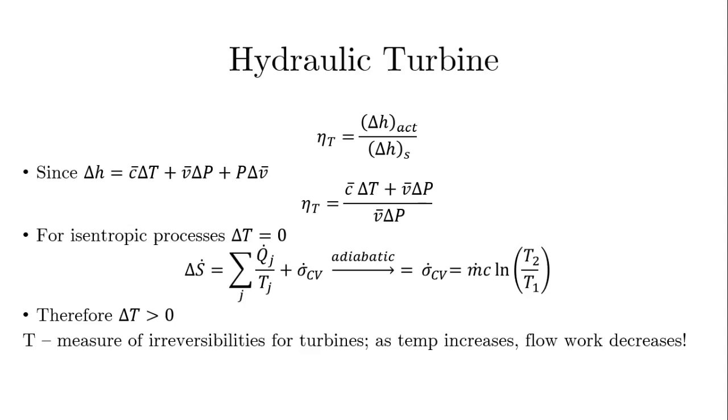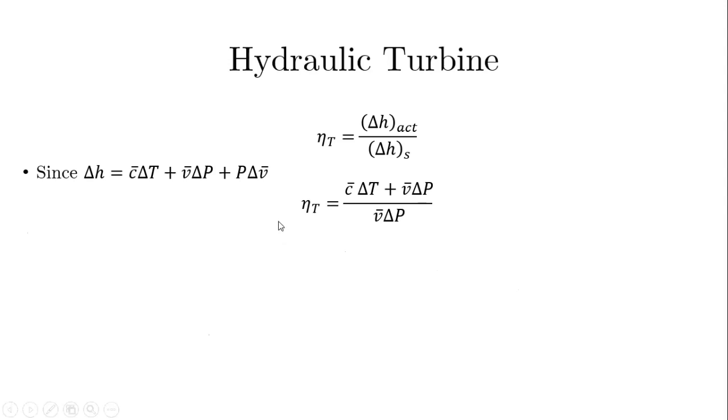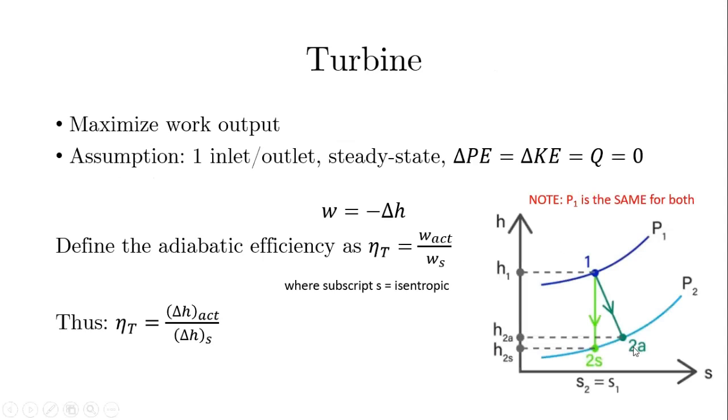And so maybe you've got to clean it up, or maybe you've got to replace some parts, etc. But T is a really good measure to understand your performance against an idealized performance, which you can evaluate directly here. Again, over here, you can also see we're trying to minimize delta P. That's the idea. And so you're always going to have a more minimal delta P for an isentropic process than you would for a real actual process.